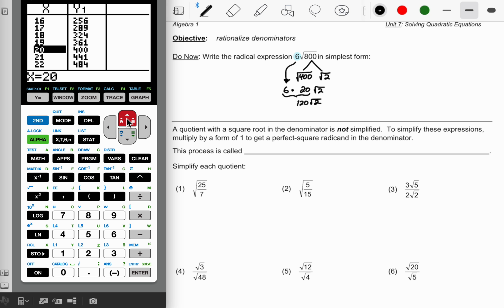The process is called rationalizing. That's really the standard way of thinking about rationalizing, but it's really not 100% accurate. It's just what everybody does, even though it's not right.